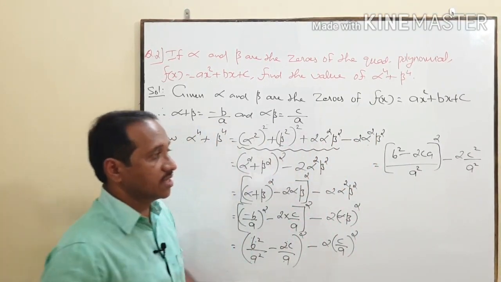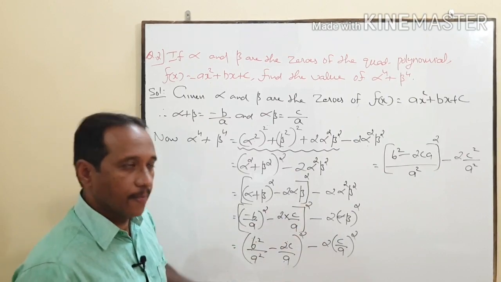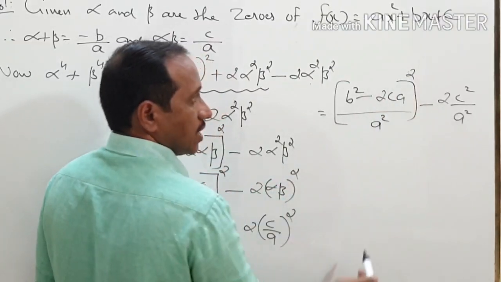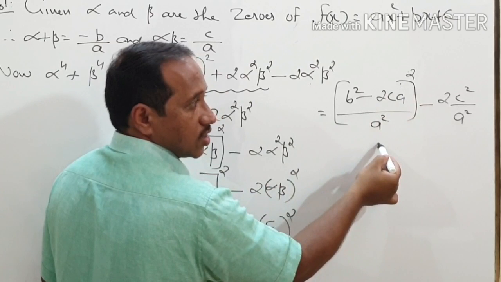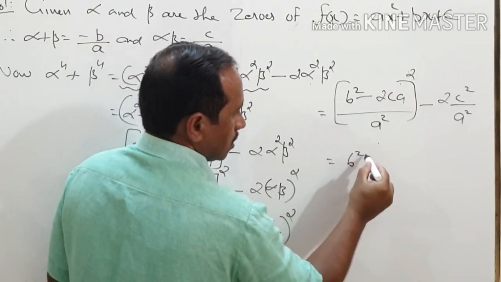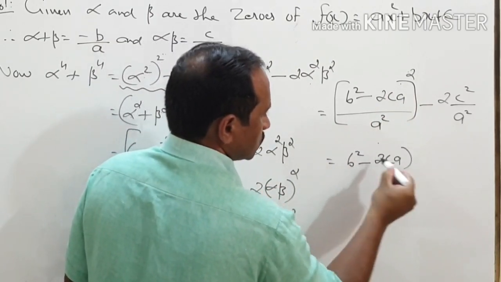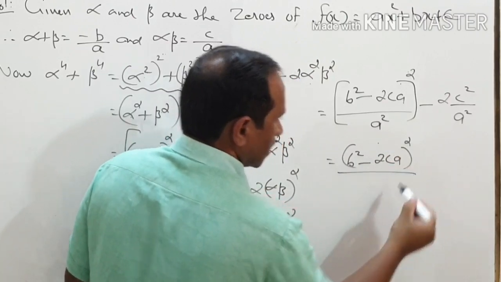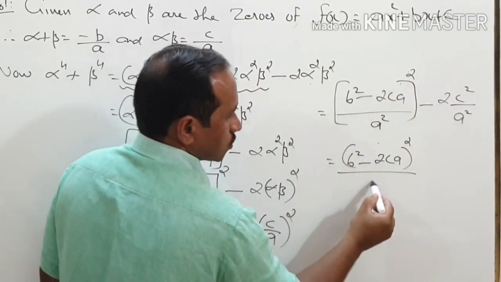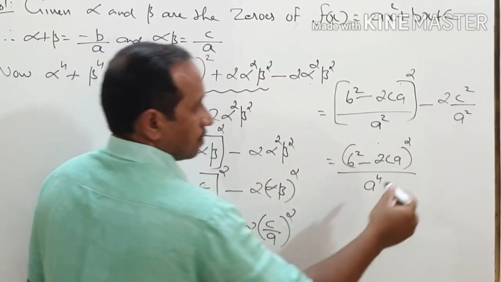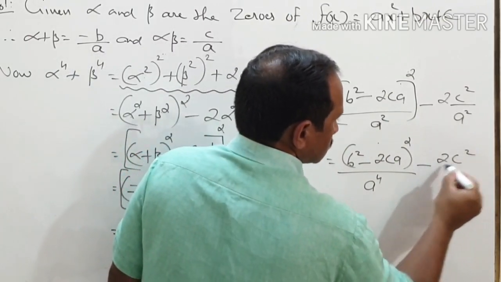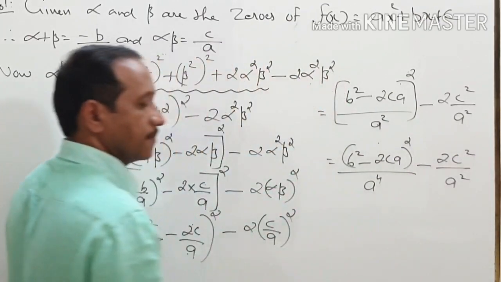C by a the whole square is c square by a square. As this is a whole square, we can take the square of the numerator and denominator separately. We get (b square minus 2ca) the whole square divided by a square the whole square, which is a raised to 4, minus 2c square by a square.